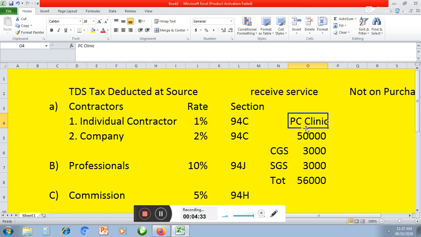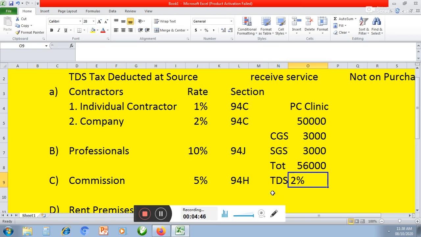Suppose I am deducting 2% on this; the rates I will explain later on. TDS 2% will be deducted. TDS will be calculated on what? On the service, not on the tax, remember.